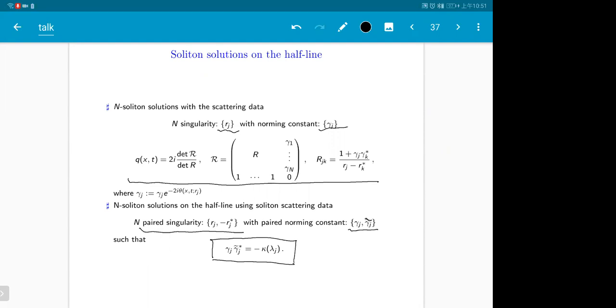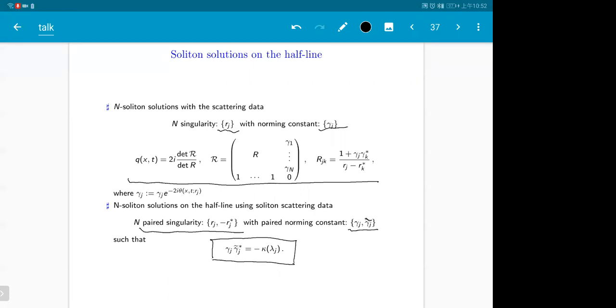So this kappa J, you can choose this kappa in your whole hierarchy, and actually this will give you explicit soliton solutions on the half line, satisfying the hierarchy of integrable boundary conditions.